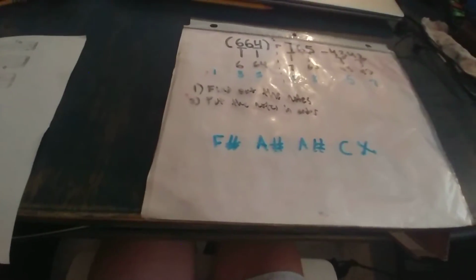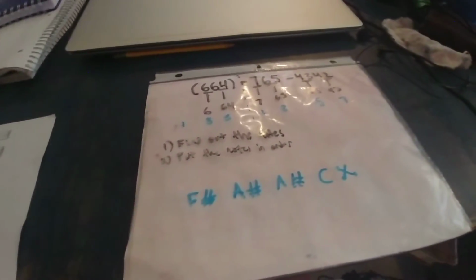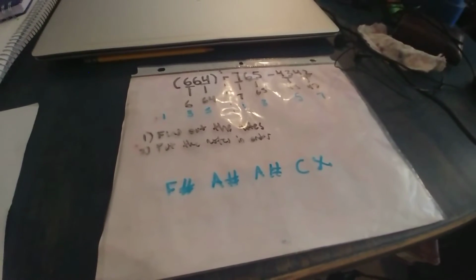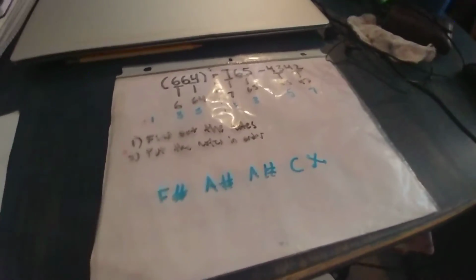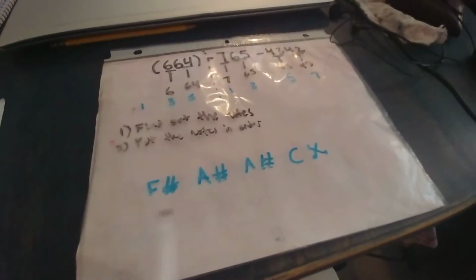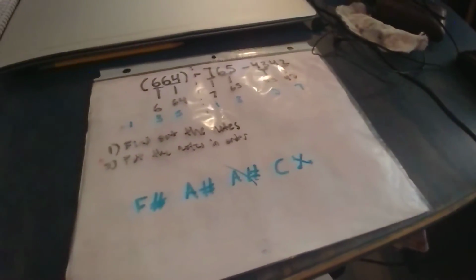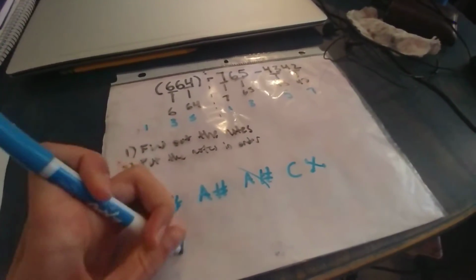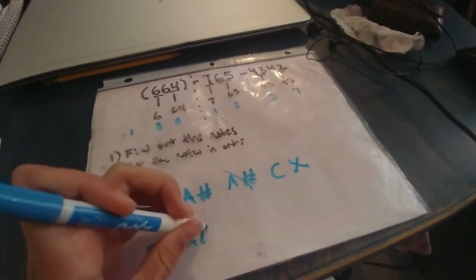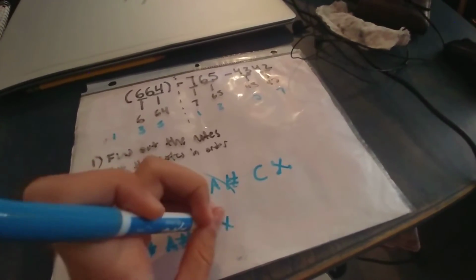Well, remember what I said, when you're putting them in order, there's got to be a third and fifth apart from each other. This really already is in order. We have a duplicate, so it's really F sharp, A sharp, and C double sharp.